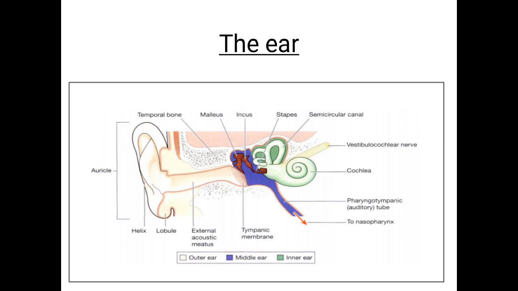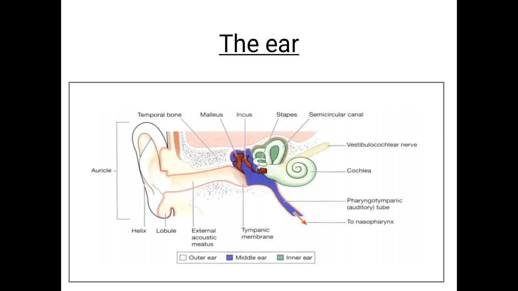Okay, so parts of the ear that we have here, we have got the pinna or the auricle. Two, I've got some temporal bones here. So the outer ear is made up of the lobe, the helix, the auricles, and also the external acoustic meatus.